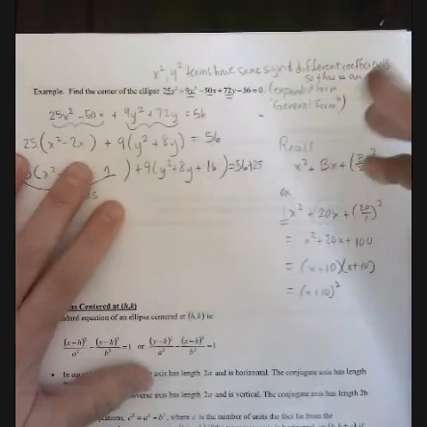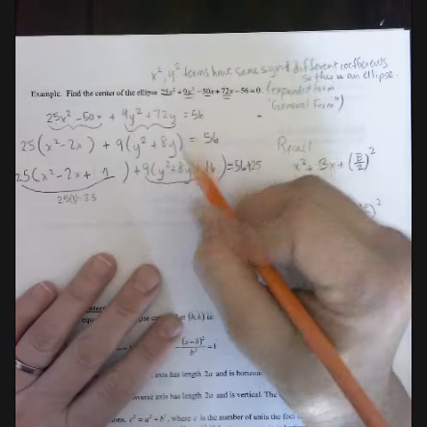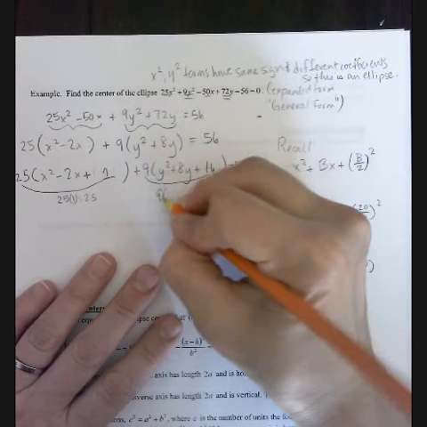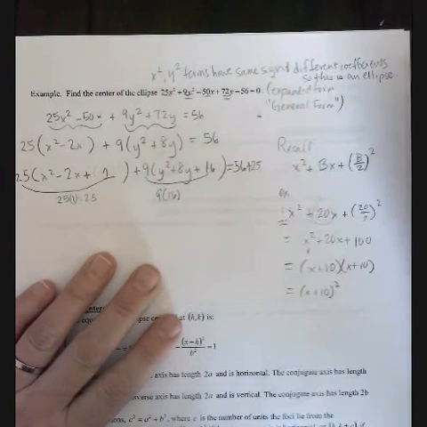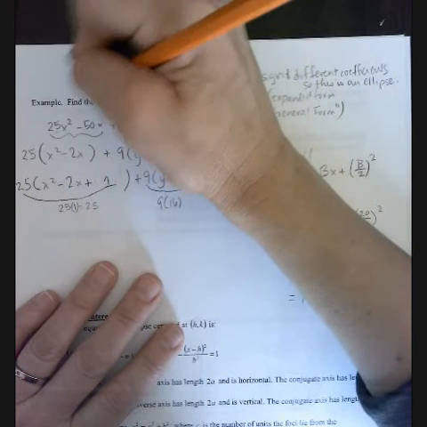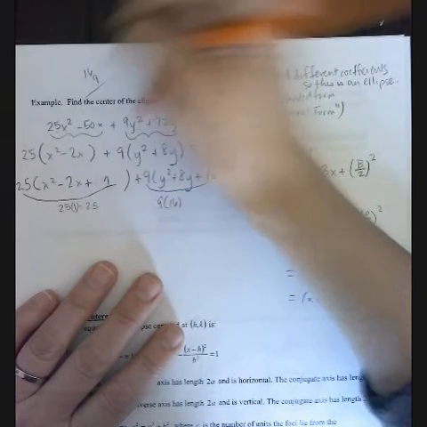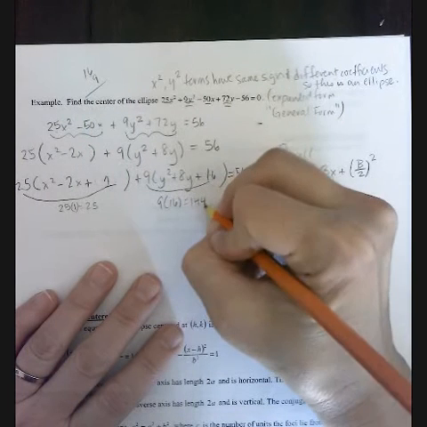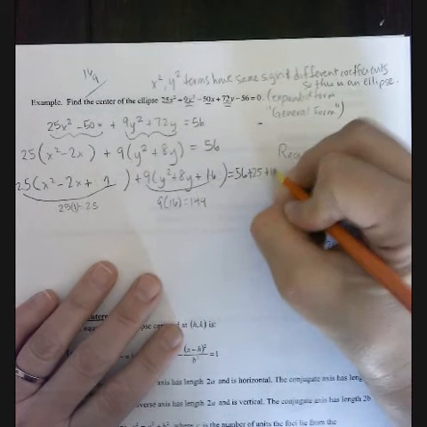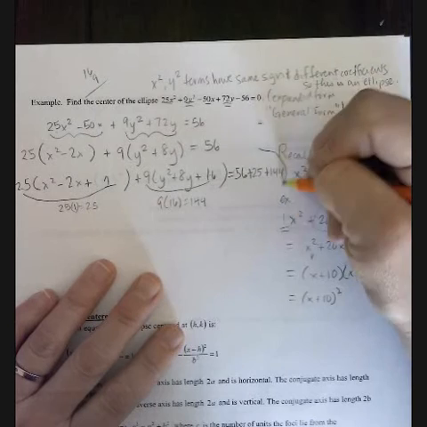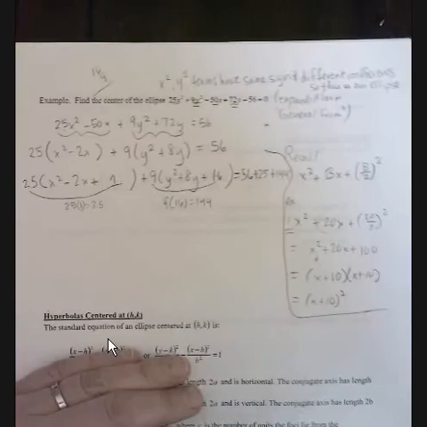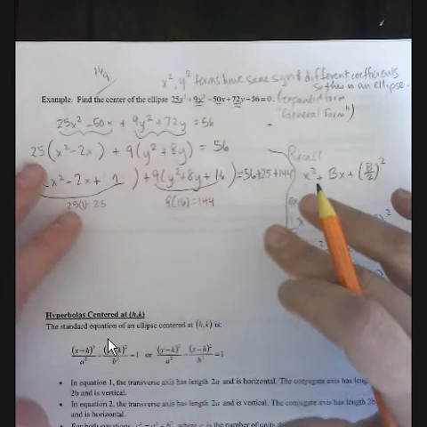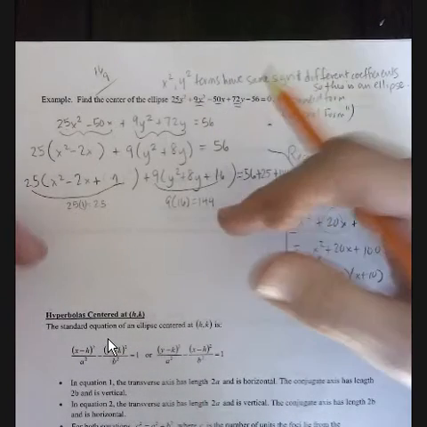Then here, I didn't add just 16, I added 9 times 16, which is 144. So I need to add 144 over here. That keeps the equation balanced because you want to make sure every step is equivalent to the step before.